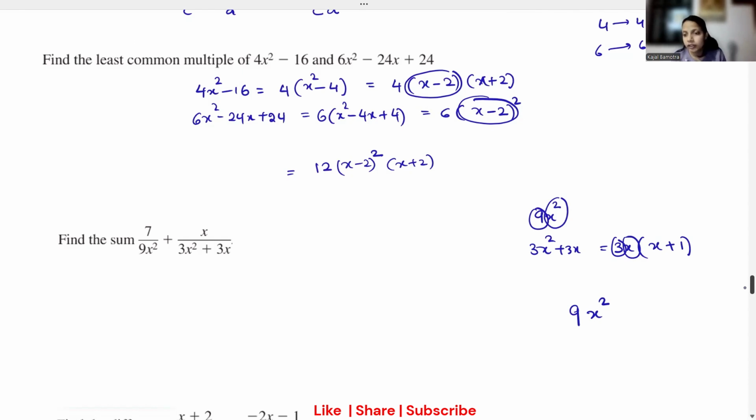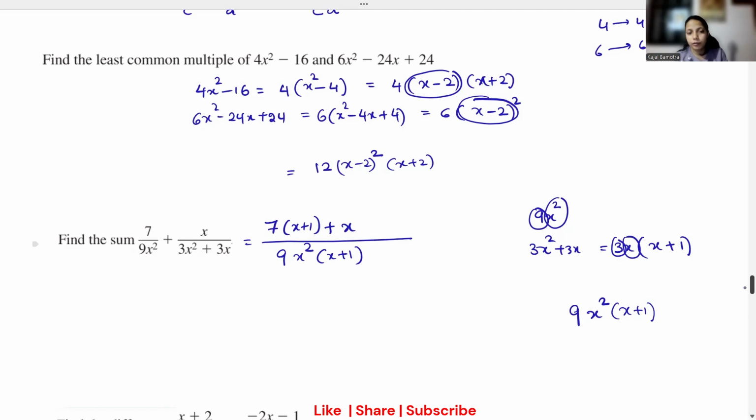x plus 1 is not in both cases, so x plus 1 will be there in the common denominator. So 9, x square, x plus 1. If you see the first term, it has 9 and x square already. Which term is not there? x plus 1. I multiply 7 with x plus 1. Then plus x as it is.